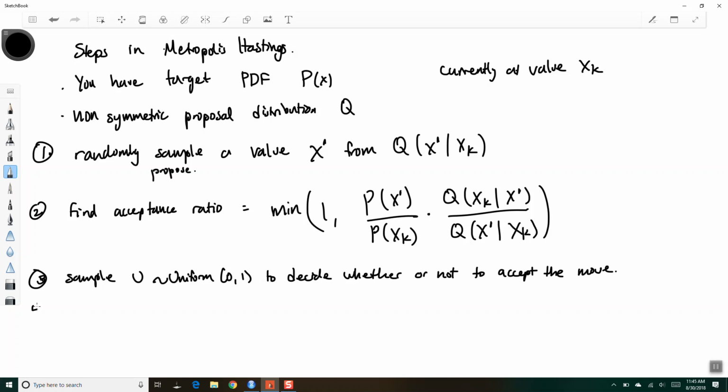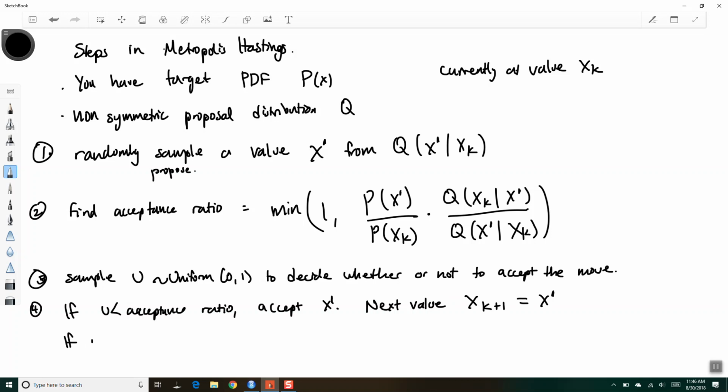If U is less than the acceptance ratio, accept x prime, and your next value, x at k plus 1, is going to be equal to x prime.